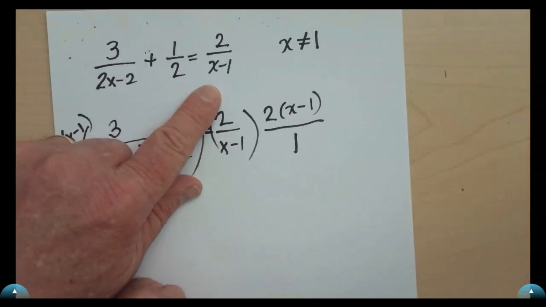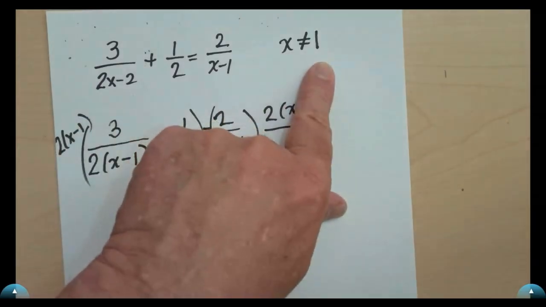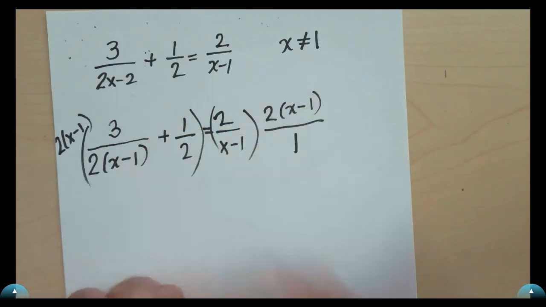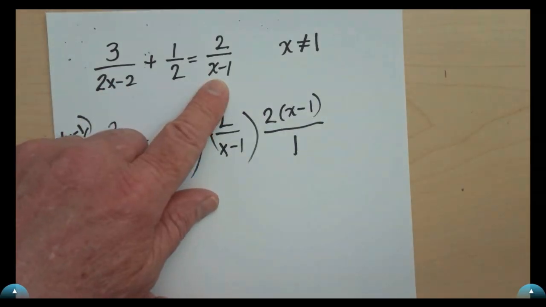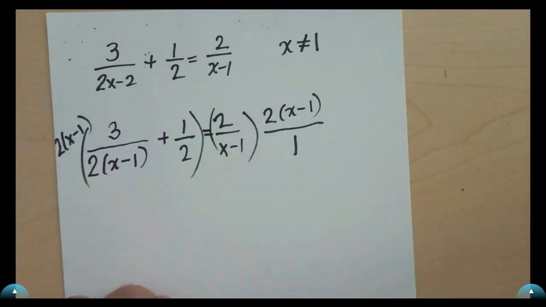In other words, x is restricted from being equal to 1. x isn't allowed to be equal to 1. Or sometimes they might say list any values of the variable that make any of these denominators equal to 0. It's the same thing, right?